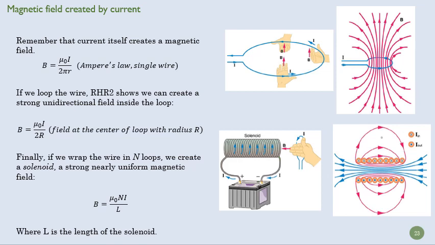So this is Ampere's law for the magnetic field around a wire. This is for a field at the center of a single loop. And this is for the magnetic field created by a solenoid, where N is the number of wraps in the solenoid, and L is how long the solenoid is.